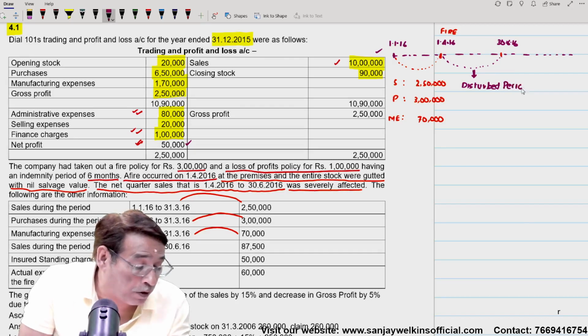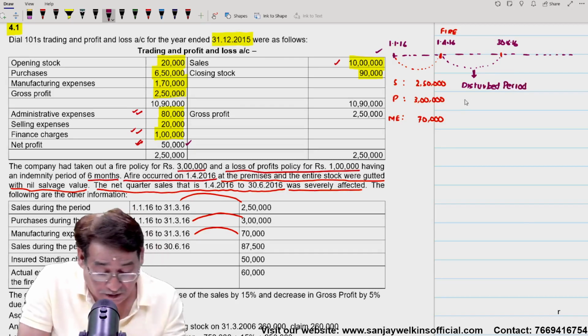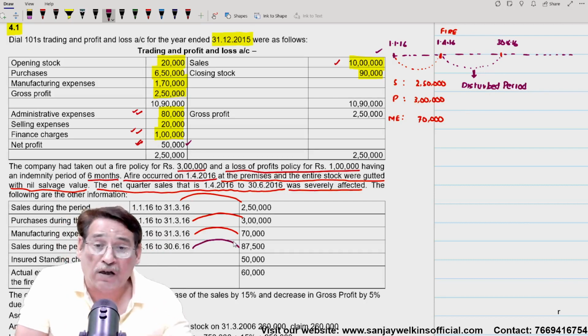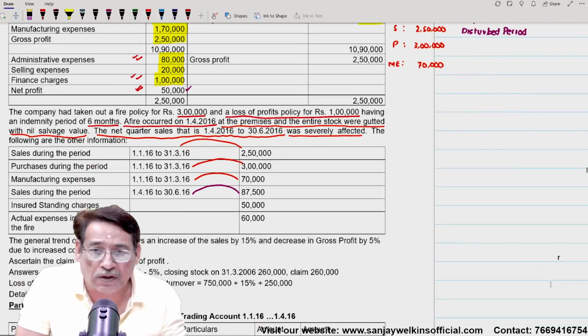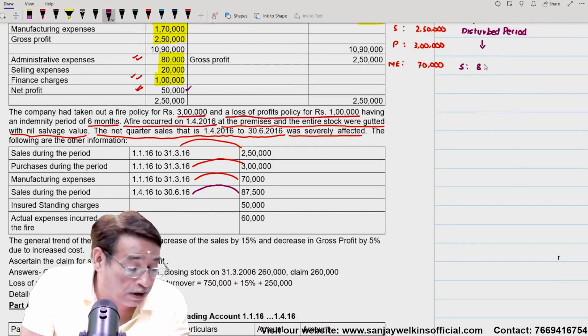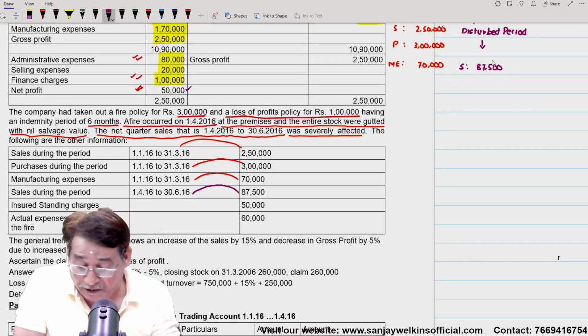And during this particular period, sales from 1/4/2016 till 30th of June 2016 is equal to 87,500. That means during the disturbed period, our sales were only to the extent of 87,500. Correct?